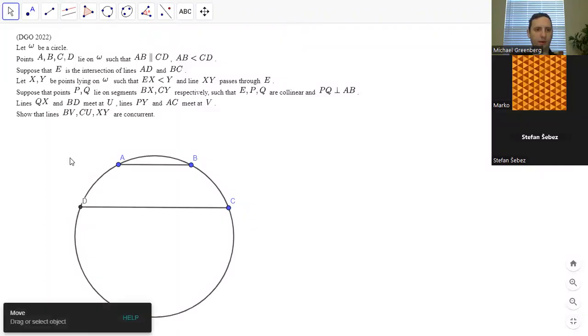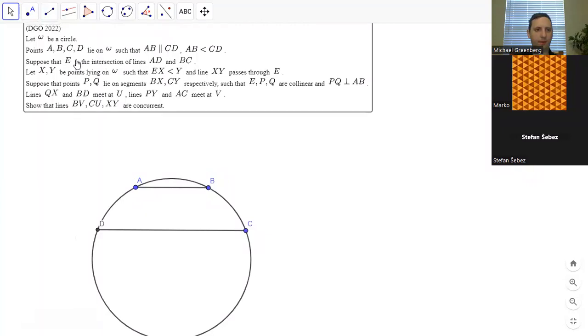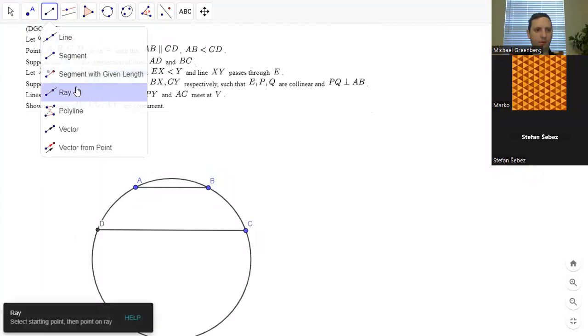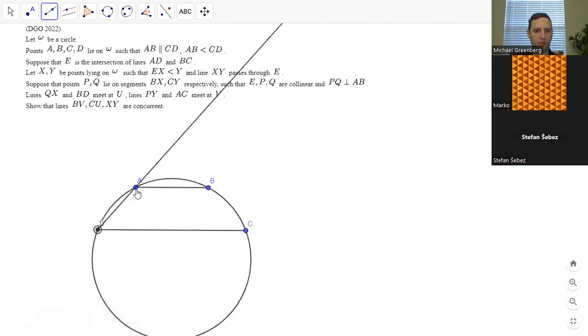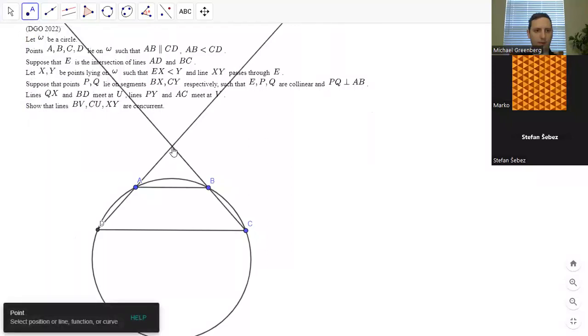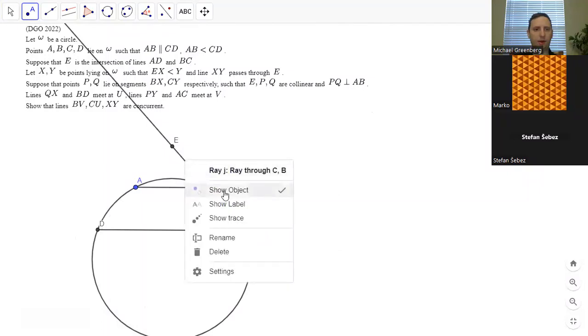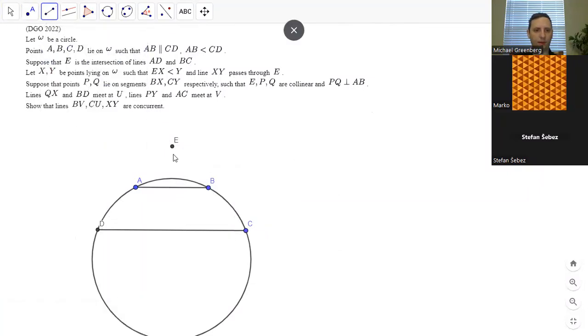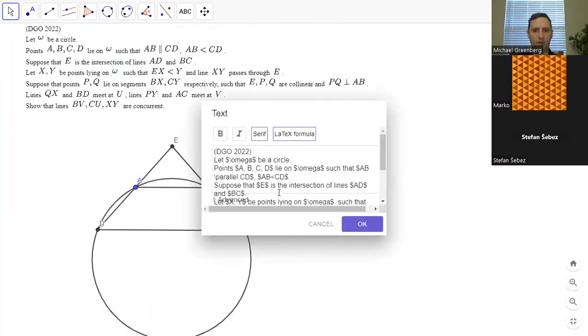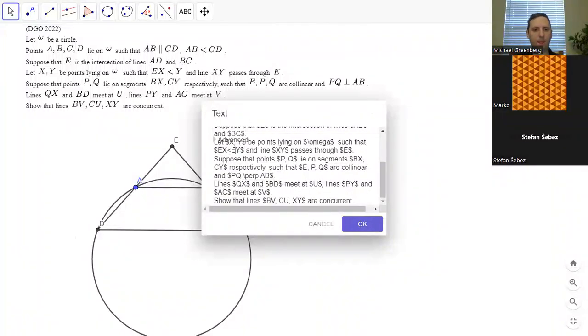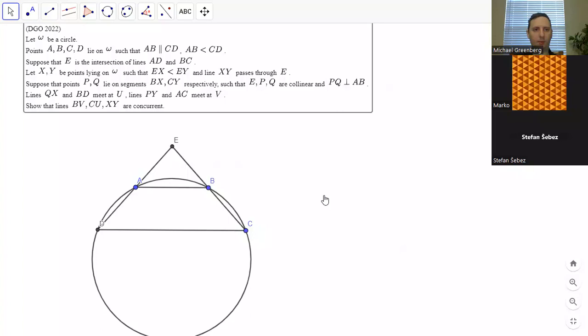That shouldn't be too hard. So we have a figure like this, very symmetrical. And X and Y, this should be EX is less than EY in the problem statement, so I'll go fix that. EX is less than EY, and XY passes through E.